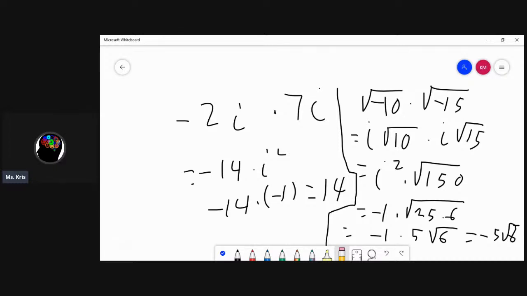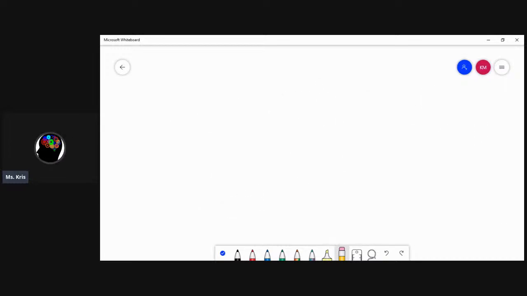So remember my i squared, i to the third, i to the fourth. These come in handy for when you're trying to break down your answers for simplifying a power of i. So say for instance, you have i to the 45th.